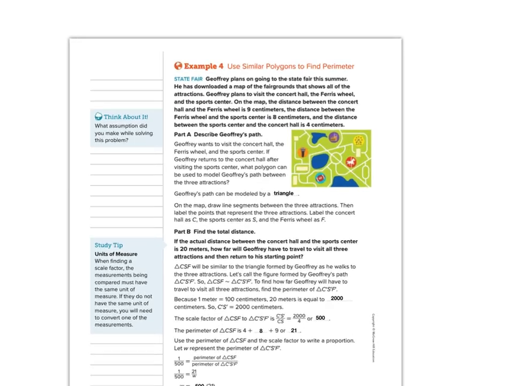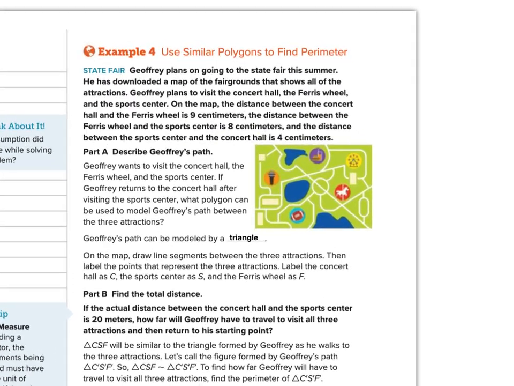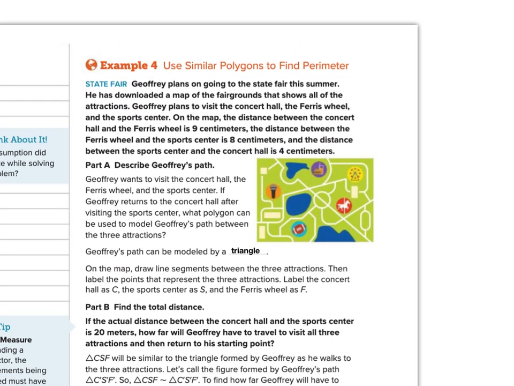And then here, he gave us a little word problem, a little example. Jeffrey plans on going to the state fair this summer. He has downloaded a map to the fairgrounds that shows all the attractions. Jeffrey plans to visit the concert hall, the Ferris wheel, and the sports center. On the map, the distance between the concert hall and Ferris wheel is 9.